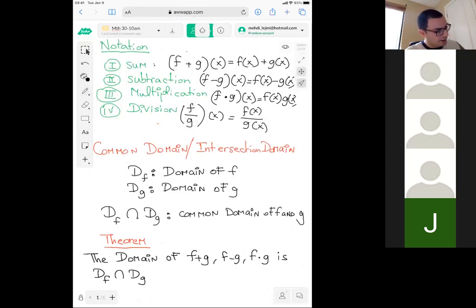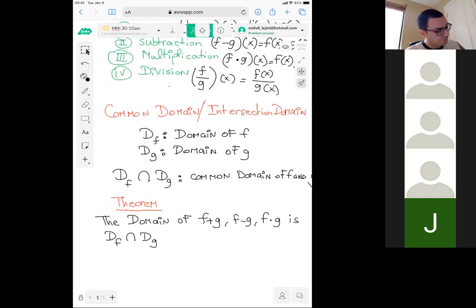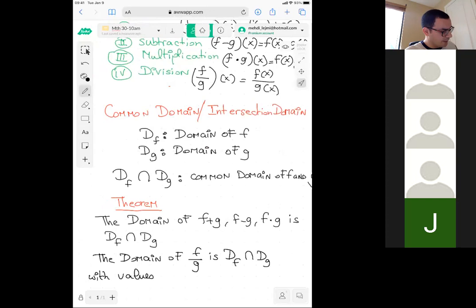And the domain of f over g is the domain of f, or the common domain of f and g, with values of x where g of x is 0 excluded.